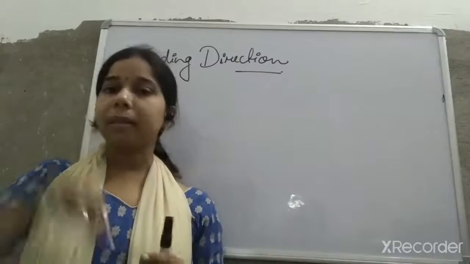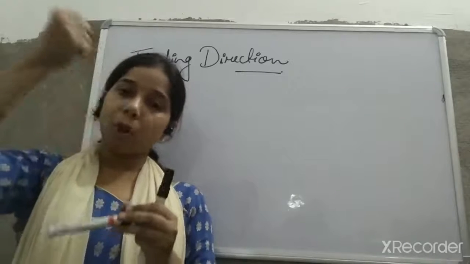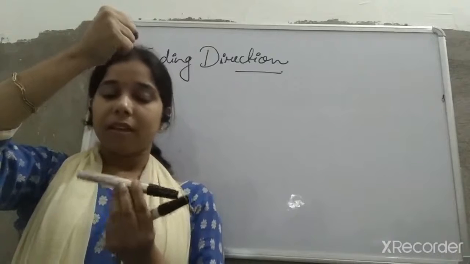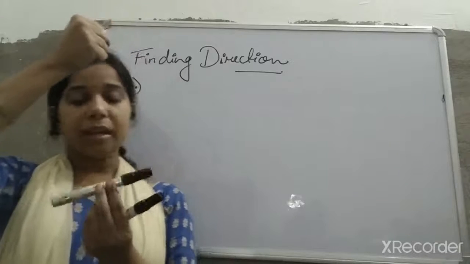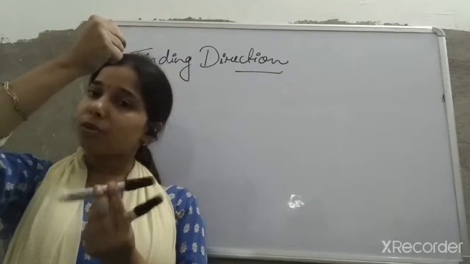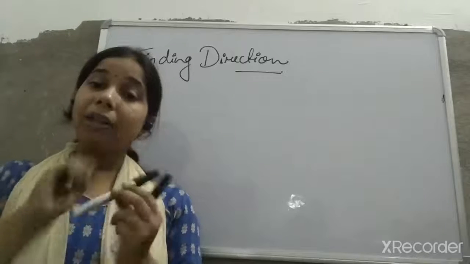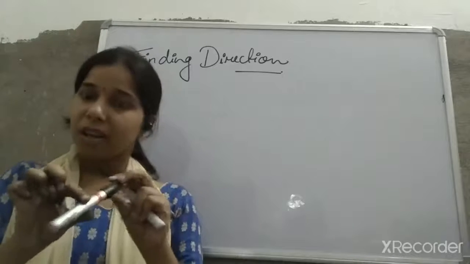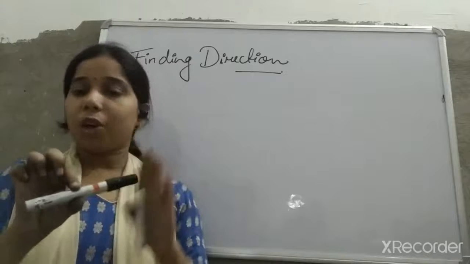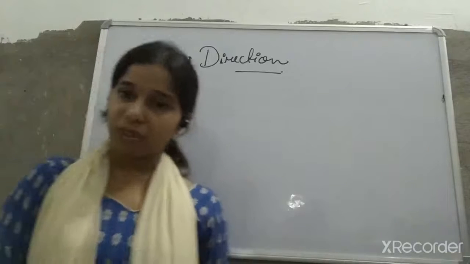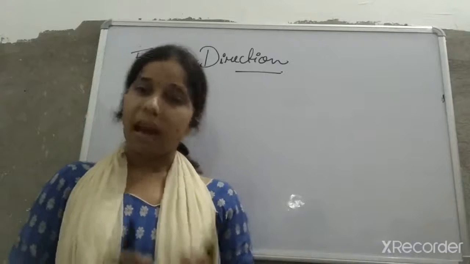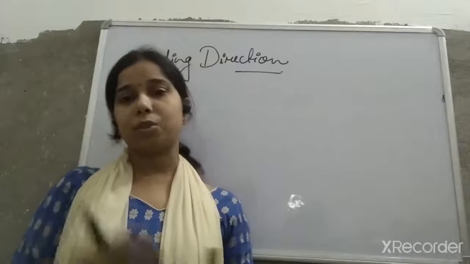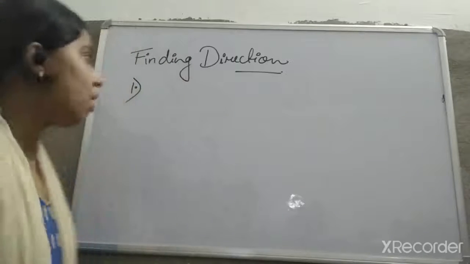Whenever they needed it, they simply held the magnet with the thread, and the magnet tied with the thread would after some time align itself to the north and the south direction, students, and this gave them the direction. As they came to know the north and the south direction, the two directions, east and west, were easy to find out.